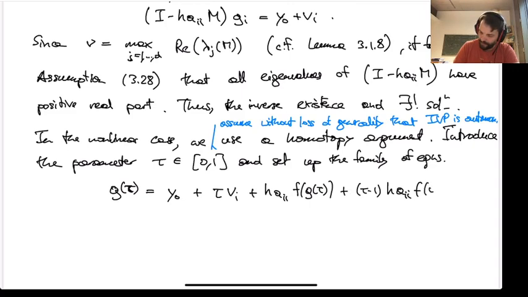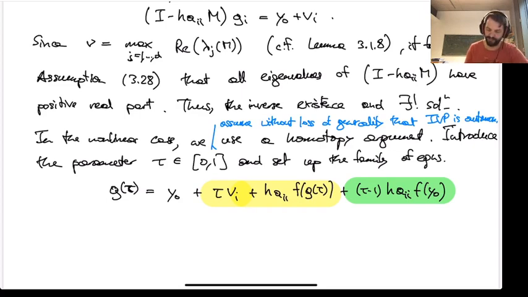Okay, so the important bits are that here we only take tau times v_i, and we only take this f at g_tau, but we correct it by having this (tau minus 1) times the value at the previous time step, namely y_0. So we always do homotopy away from y_0 for every stage.